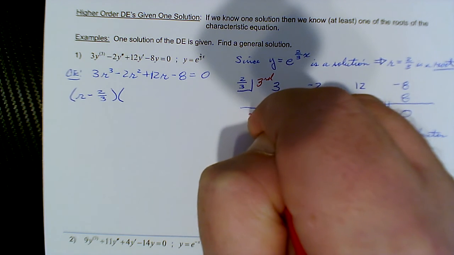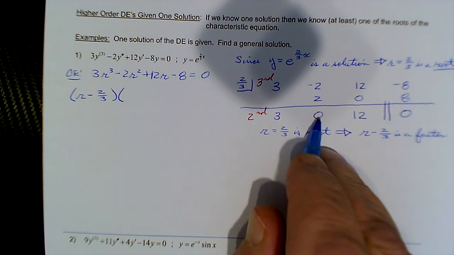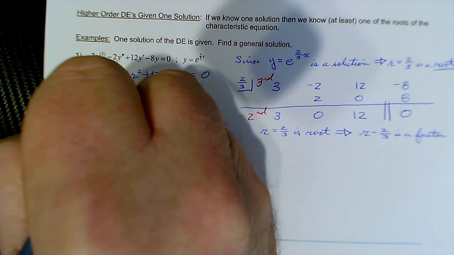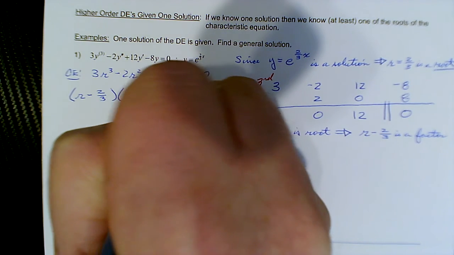We depressed it to a second degree, so that would be 3r squared plus 0r plus 12, or just 3r squared plus 12 equaling 0.